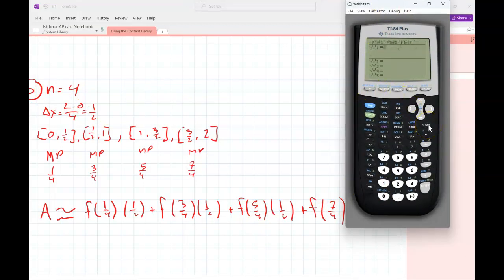All right, let's see if we can come up with a clever way to get this into our calculator so that we don't have to type this in too terribly. So I'm going to type my function into the y equals menu. And I'm going to designate the variable a, and I'm going to store that as 1/2, which is my delta x.